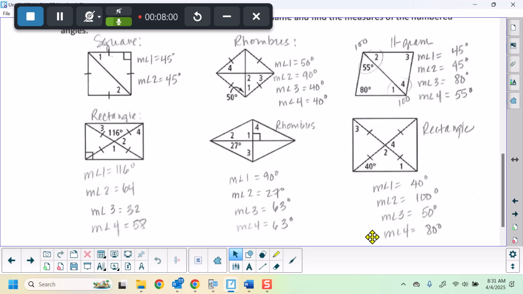So I solve for 3 by saying 116 plus 2x is equal to 180. So take 180 minus 116 and then divide that in half. And that's what 3 will be equal to. Sometimes you have to do more work than they ask. Sometimes you gotta find something that they didn't ask you to find in order to get 3.